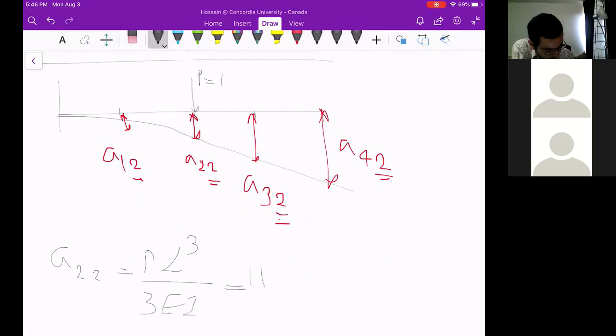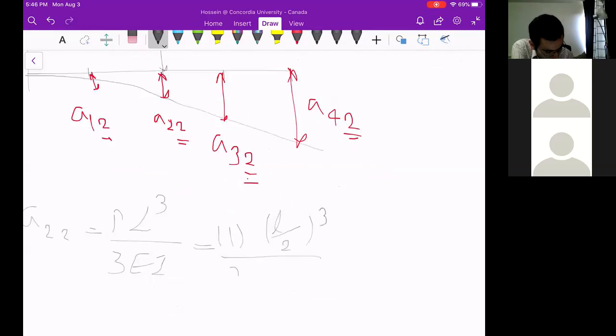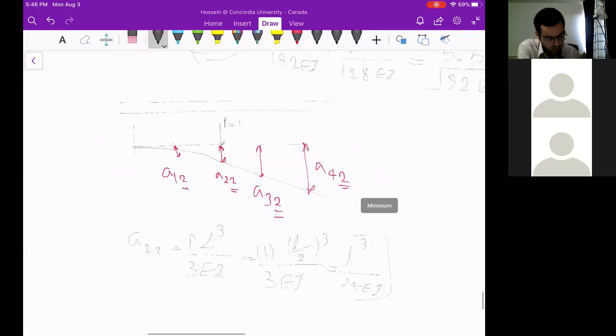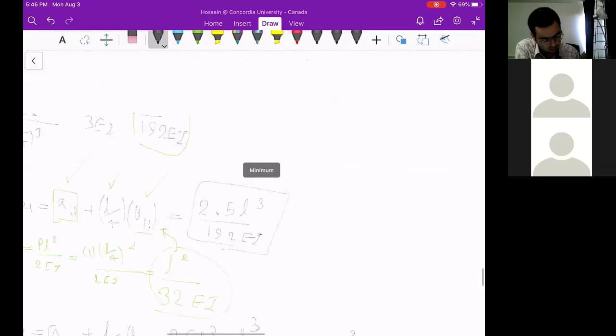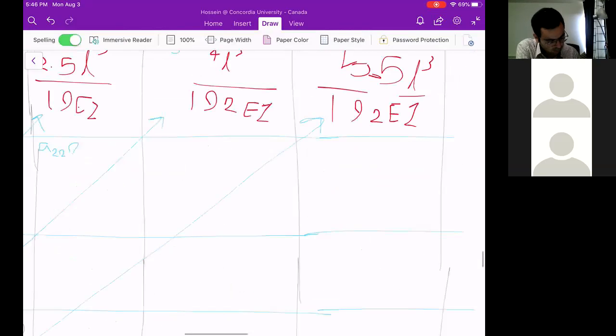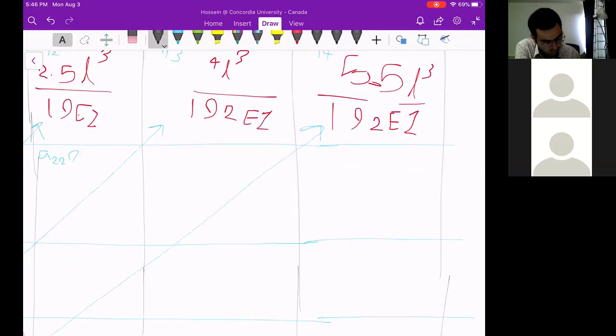P is 1, L in the formula is L over 2 for the second mass, over 3EI, therefore it would be L cube over 24 EI.